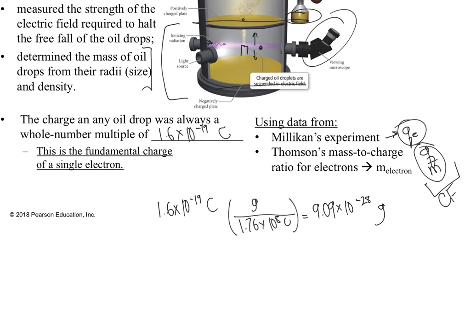And often we're going to need it in kilograms, so that will be 9.09 times 10 to the negative 31 kilograms. So all of these values will be provided for you, but you might need them in the future for some calculations.